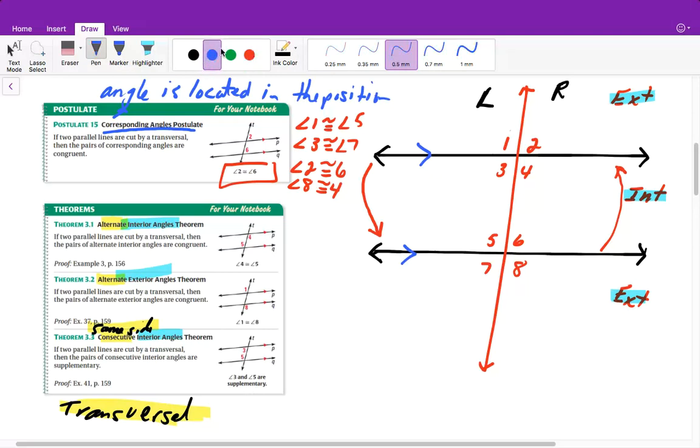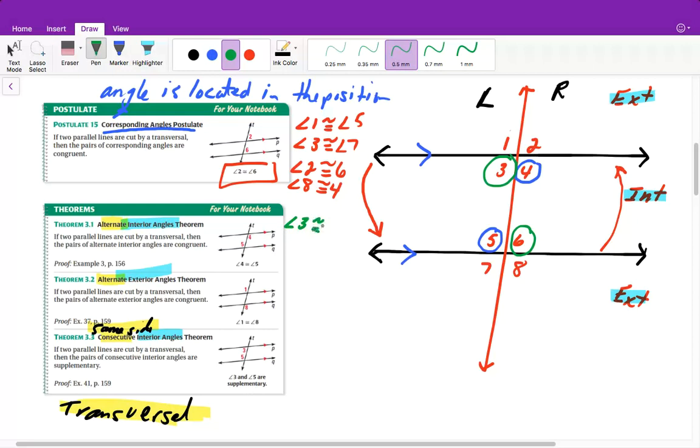So in this case, our alternate interior angles, we would have 4 and 5 are on opposite sides of our transversal, and they're both inside of our parallel lines. Here we have 3 and 6. They are on opposite sides of our transversal, and they are both inside or the interior of our parallel lines. So our alternate interior angles, they are congruent.